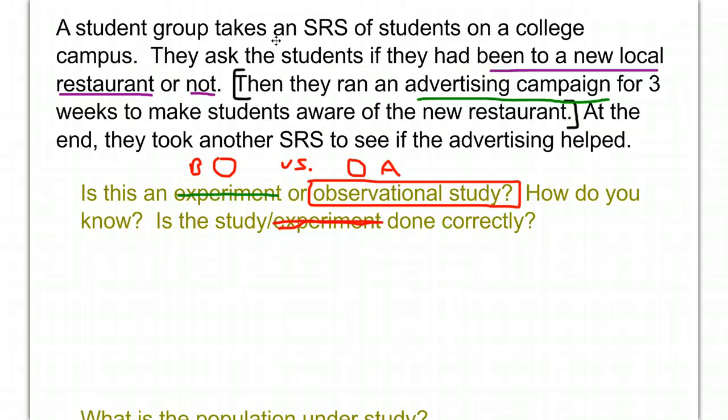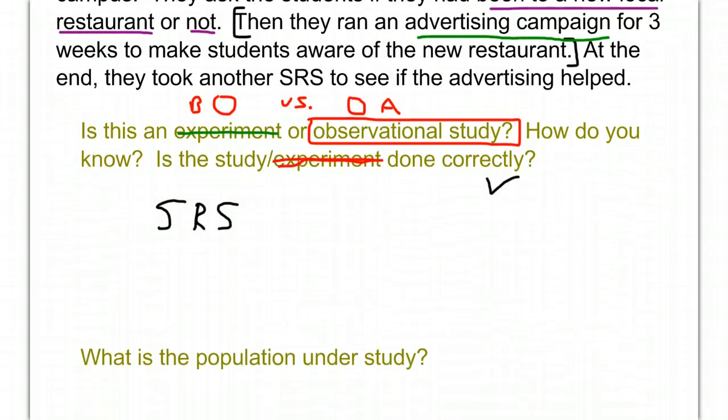It says here, when they picked their people, they took an SRS of students on campus, and at the end they took an SRS of the students on campus. So whenever you're doing an observational study, if you want it to be representative of everyone, an SRS is a very good method to determine who you're going to collect data from. So I would say yes, SRS would mean done correctly.